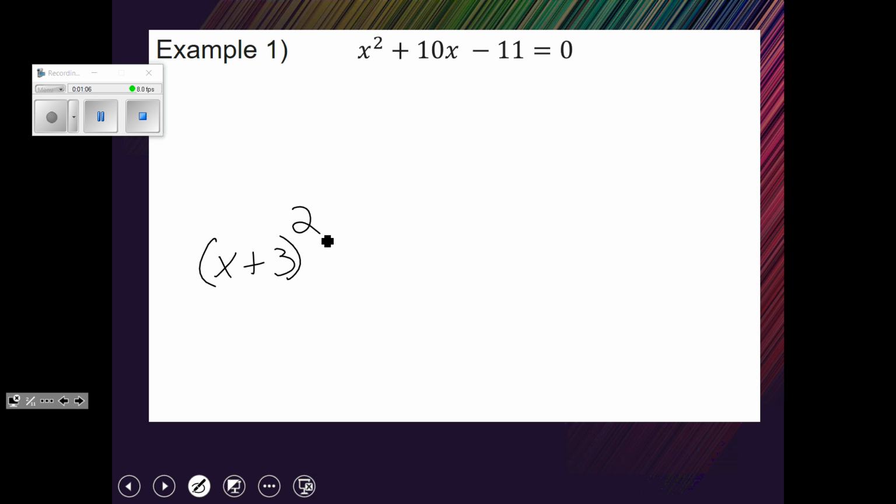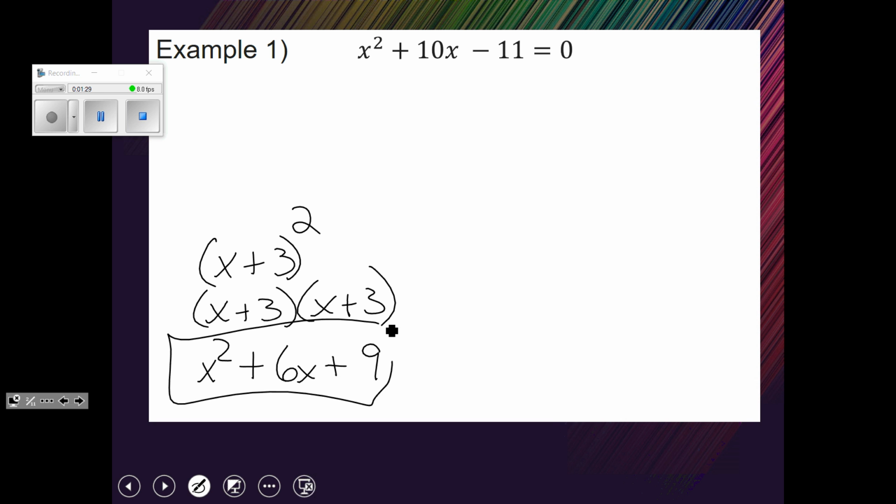If I square something, that means I'm going to times it by itself, correct? And so if I FOIL this out, what would I have? x squared plus 6x plus 9. This is a perfect square trinomial.